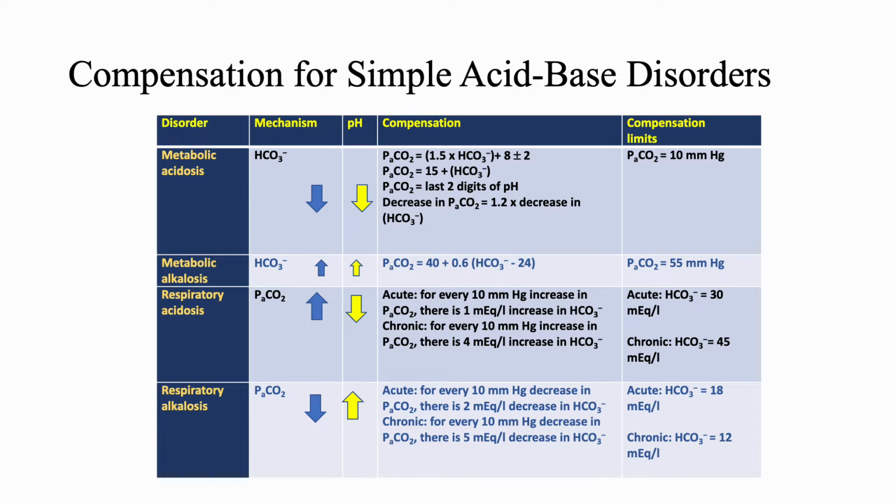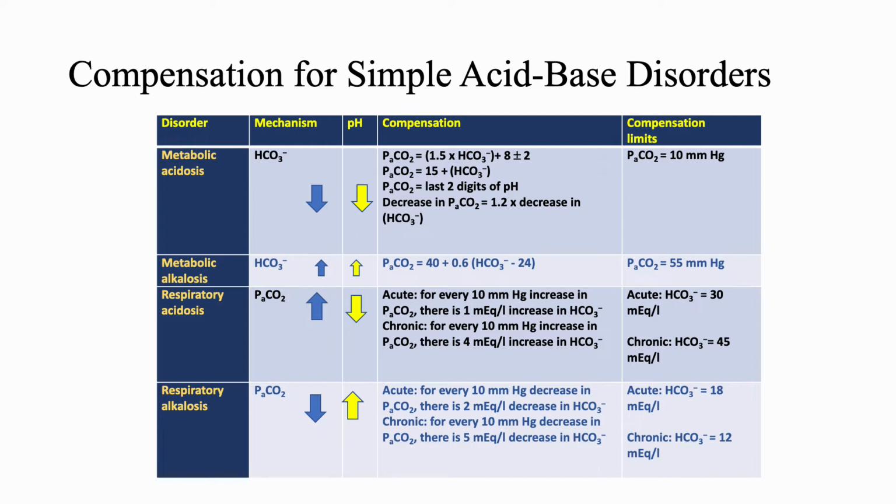For acute respiratory acidosis, for every 10 millimeters of mercury increase in PaCO2, bicarbonate increases by only 1 milliequivalent per liter. While for chronic respiratory acidosis, for every 10 millimeters of mercury increase in PaCO2, the bicarbonate in the serum increases by 4 milliequivalents per liter.